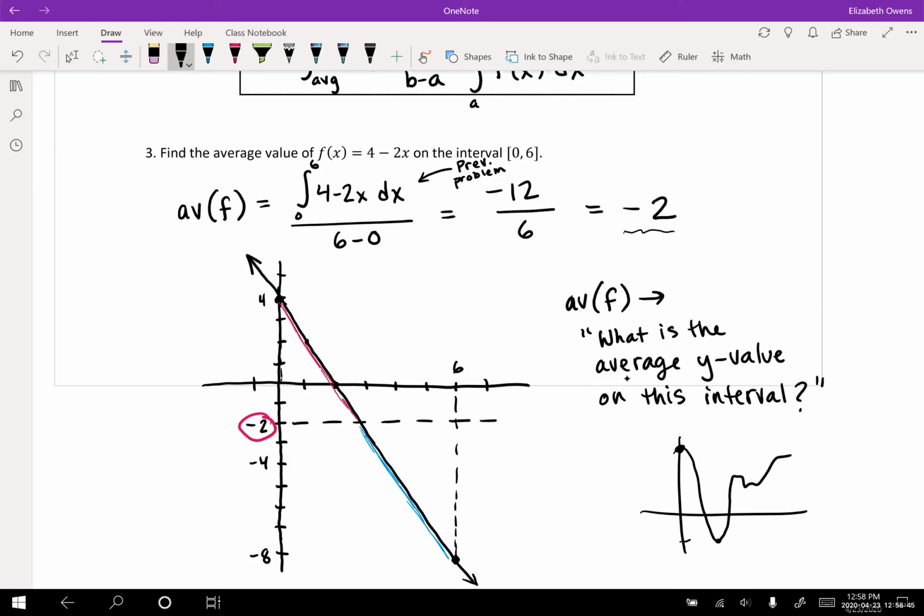It's because this was a nice straight line. On this little wacky function that I just graphed, it looks like there's quite a few higher y values here, like going through this part of the graph. So your average might be skewed a little higher than what you might expect. Okay. But yeah, that's the idea.